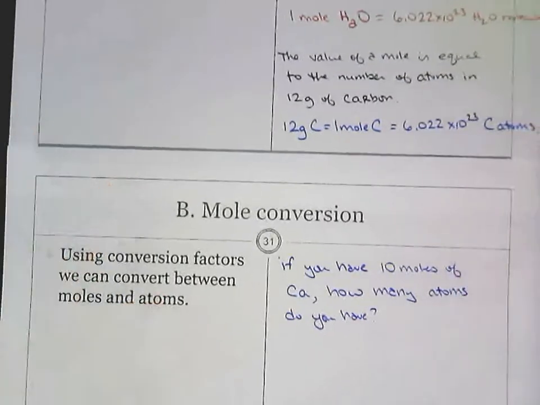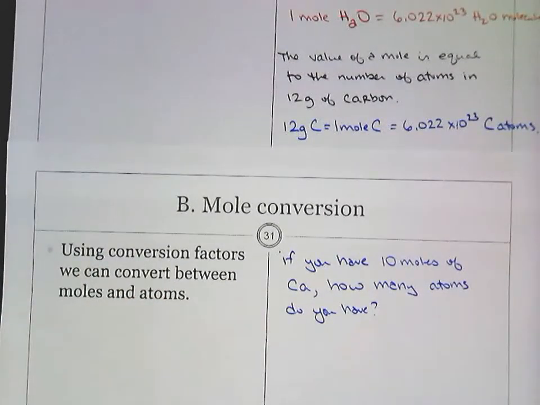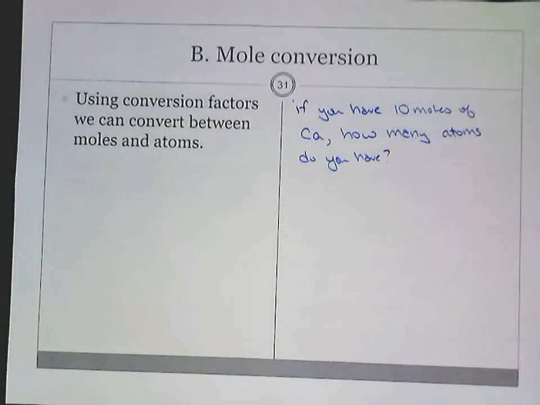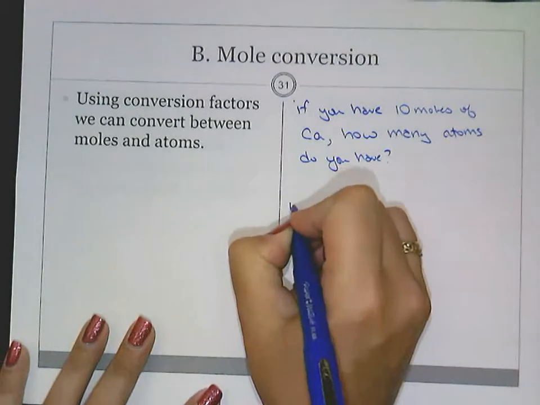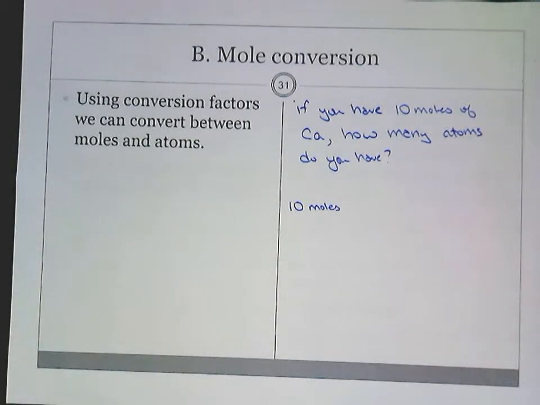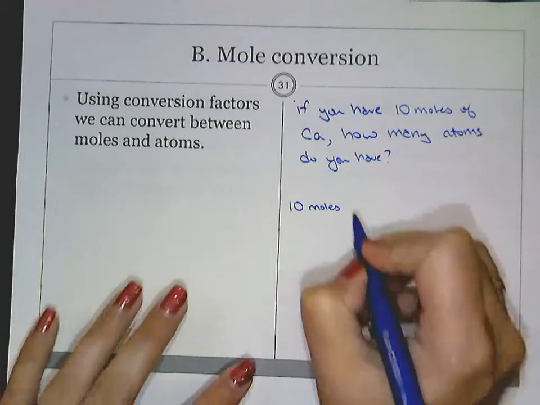So using our method of unit conversion, I'm going to start off with the units that are given. What units do I want to end up in based on this question? I want to end up in atoms. I guess I hid my conversion factor.